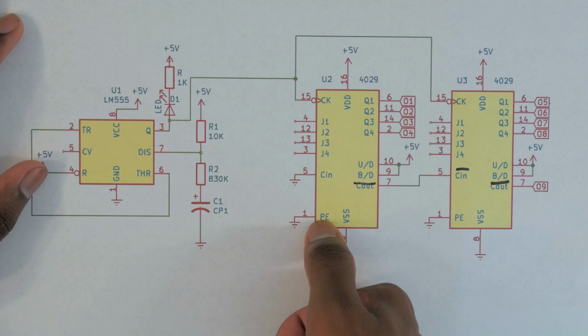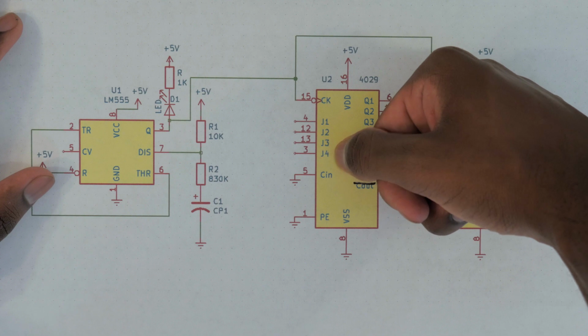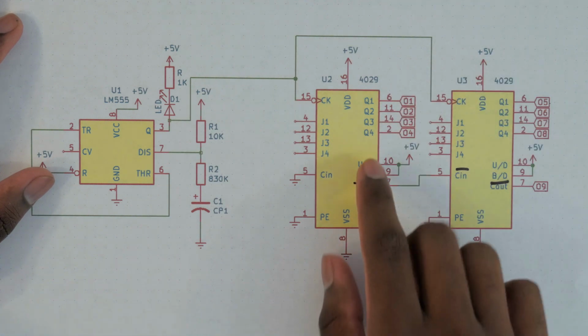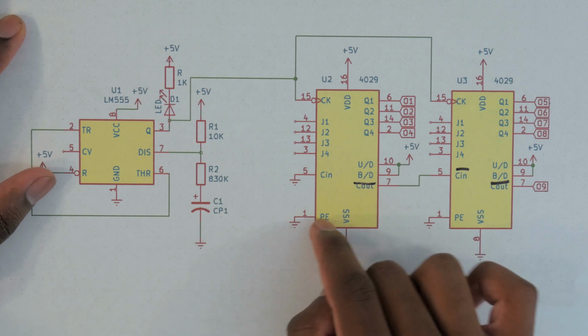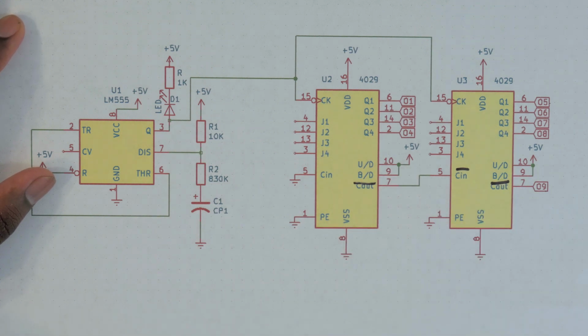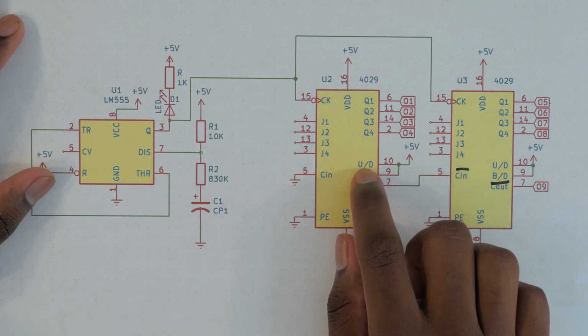This is preset enable. This means you can preset a value for the counter to start on. I don't want to use that functionality, so I've just tied that pin to ground. You can see power and ground for the chip. This is the up and down.